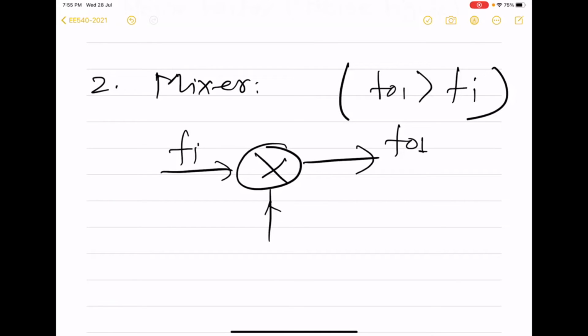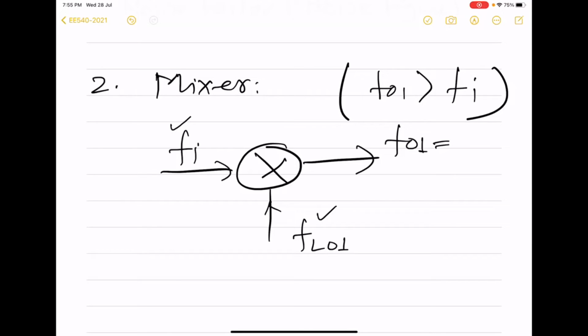So this is accomplished with the help of another frequency which is fed to this mixer, and this frequency is produced by the local oscillator. So we have a user producing Fi, and then local oscillator producing FLO1, and these two will then produce a frequency which will be different for every user.